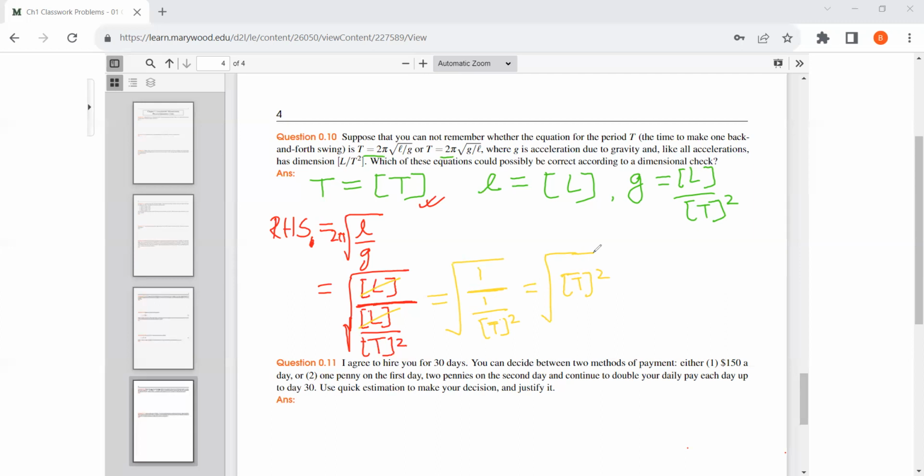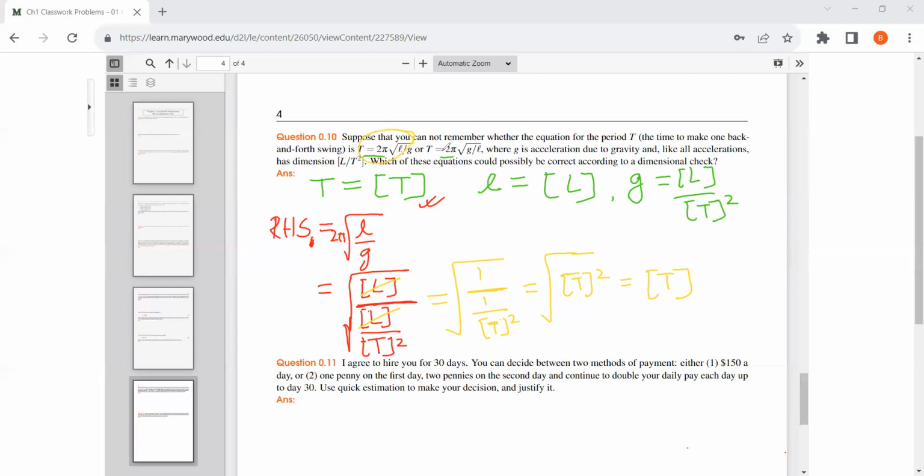Square root and square cancel out, so this is basically T. So it tells us that the left hand side is equal to the right hand side. The dimension of the right hand side and the dimension of the left hand side are both T. So this equation is correct. So the correct equation is this one.